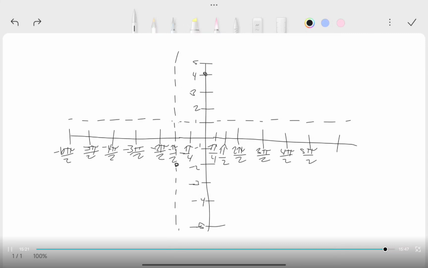So let's find some points and do the graph from negative 2 up to the positive vertical scale.